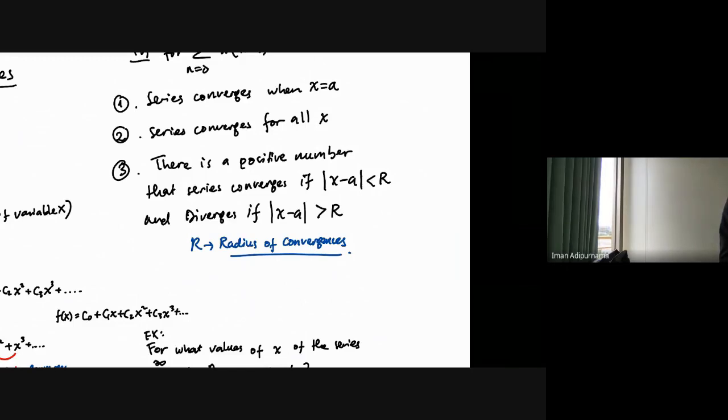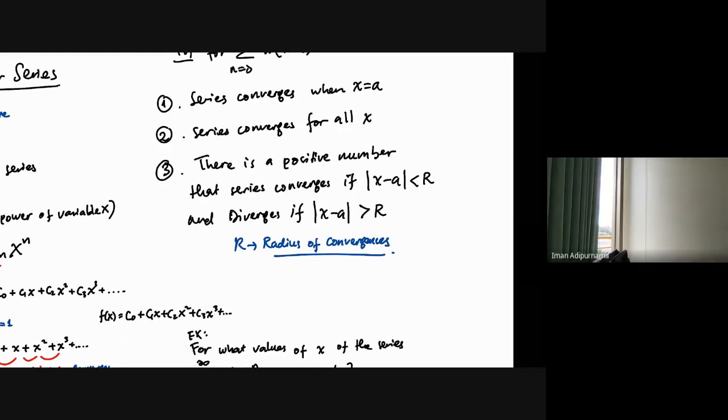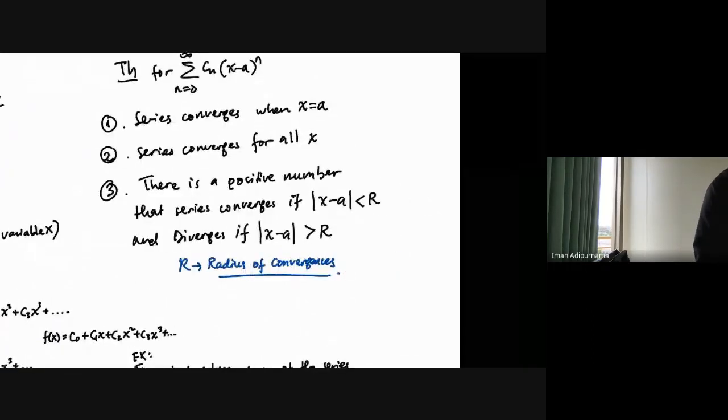So it means the radius of convergence describes the interval where the series is convergent. Okay. So 1, 2, 3 are the cases from all the examples previously. It can be convergent when x equals a, and the series can also be convergent for all x. So it has 3 possibilities, depending on the result of your ratio test. It can be convergent for all x.